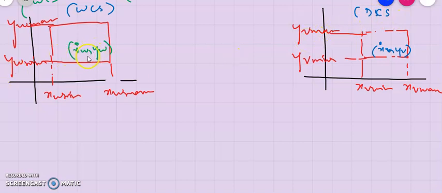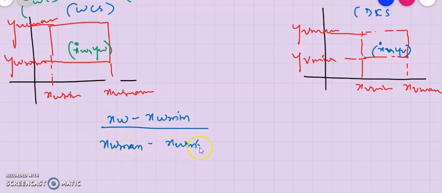So we will quickly see what that relative proportion is. The relative proportion says that whatever is the relative proportion of XW with XW minimum, in terms of XW max minus XW minimum.